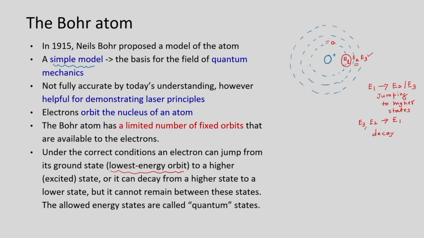So, the electrons should be in one of the orbits around the nucleus and they cannot be in between, and these allowed energy states are called the quantum states. So, E1, E2, E3 are called the quantum states and they are designated by using quantum numbers.